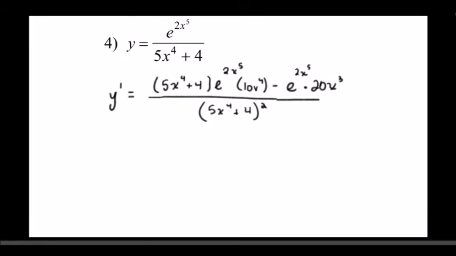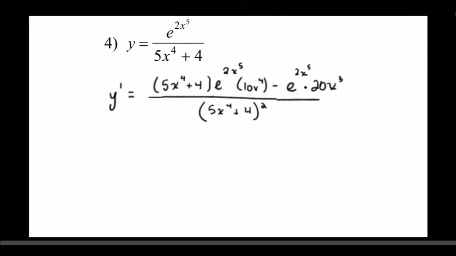Now if we look at the numerator, this minus sign here in the numerator separates the numerator into a left and a right side. We need to consider what each side has in common. They definitely have an e to the 2x to the 5th in common, and there's a 10 that we can factor out of that 20, and an x cubed we can factor out of that x to the 4th.